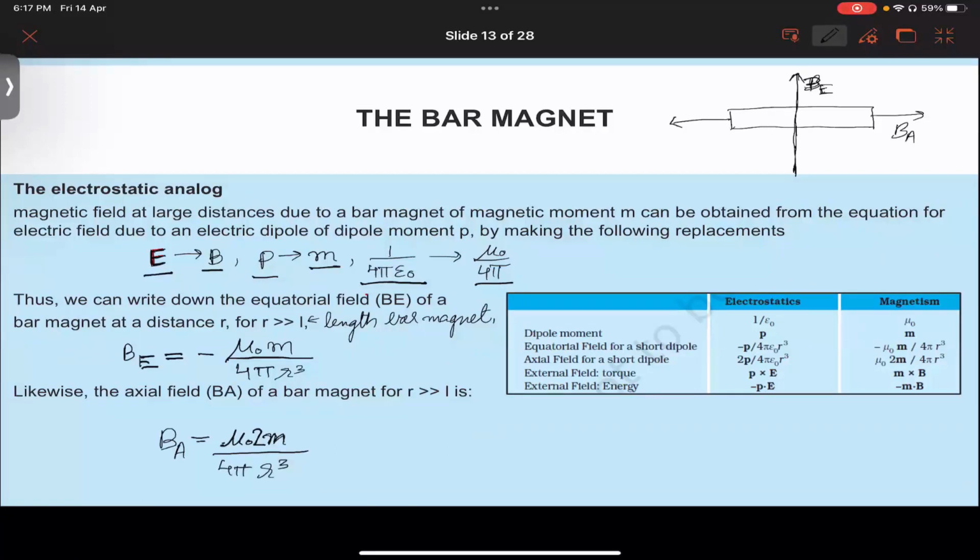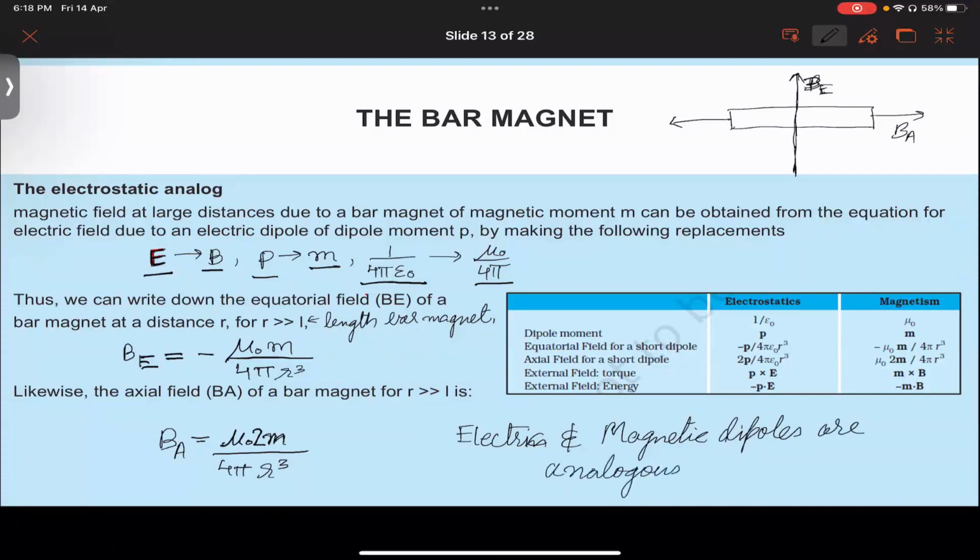So you can see that there is an analogy between electric and magnetic dipoles. We can get a similar way of expressing the field for electric as well as magnetic dipoles.